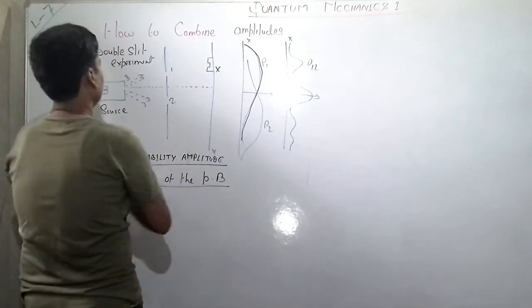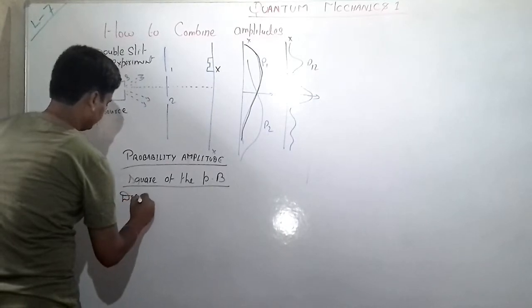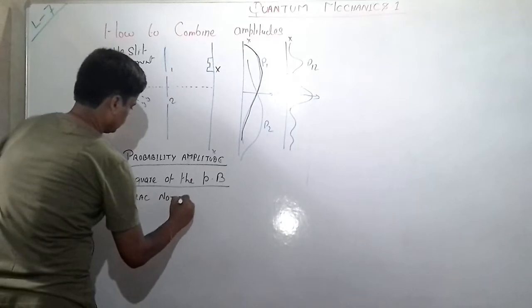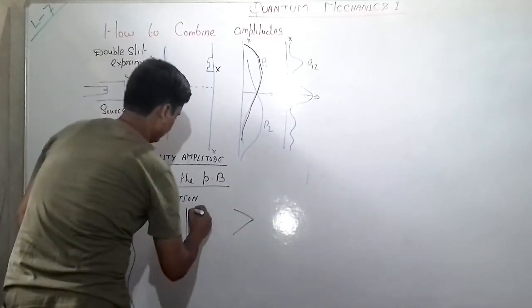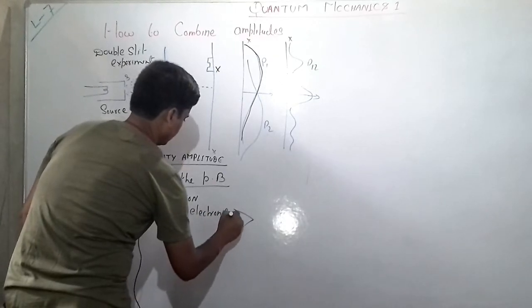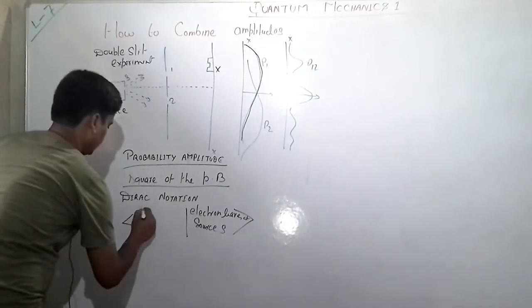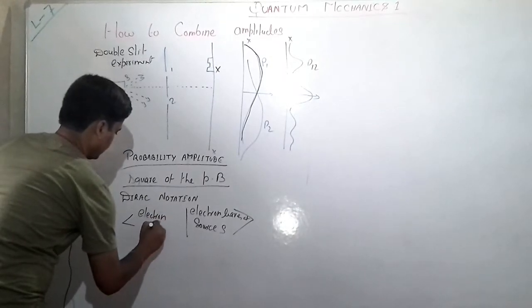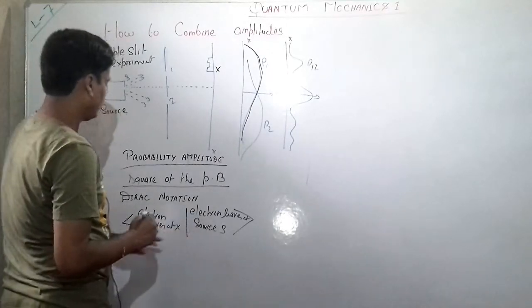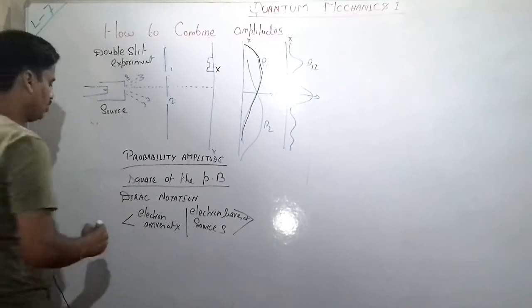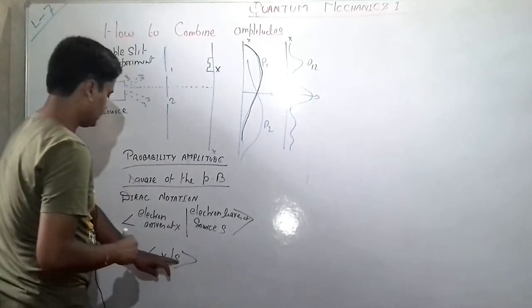So the probability of the electron reaching X is the square of the probability amplitude, and using the Dirac notation, we can write this in the bra and ket form: the electron leaves the source, and the electron arrives at X. This is how we write the probability amplitudes according to Dirac notation, or we can write it in a compact form like this, from source S to X.